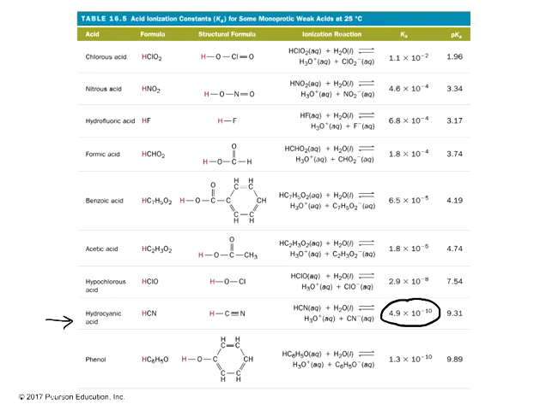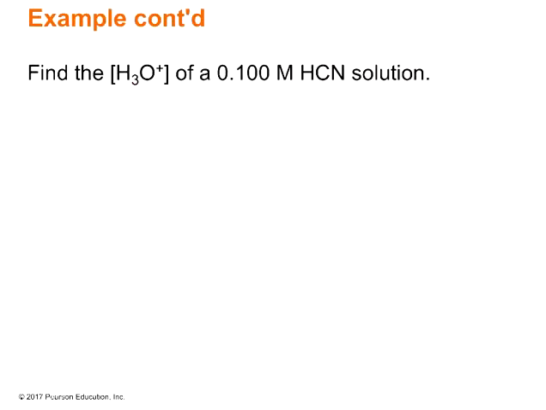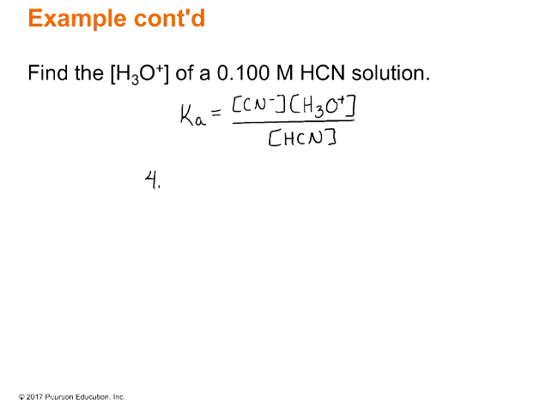All right, so we're going to plug that into our expression for Ka. So let's rewrite that expression. And now we know that Ka is equal to 4.9 times 10 to the negative 10th.